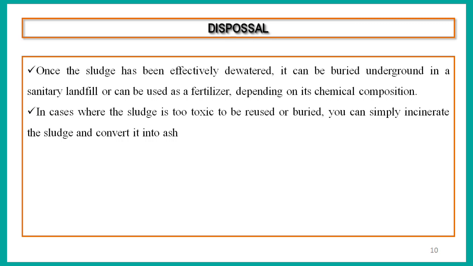We already said that sometimes we use all of these processes for the treatment of sludge, or sometimes a single process only, or a combination of two or three of them. And after the completion of all sludge treatment, we dispose of this sludge into the environment.